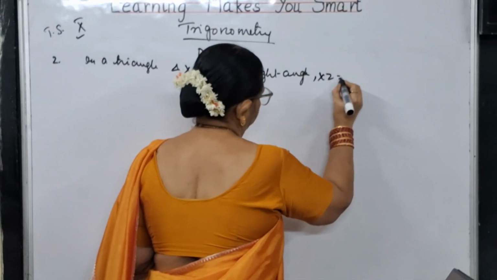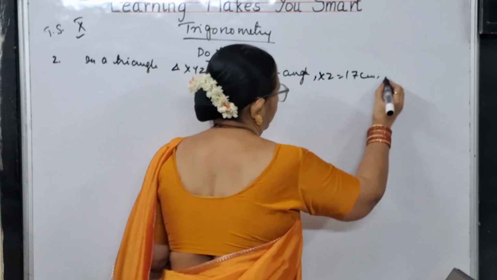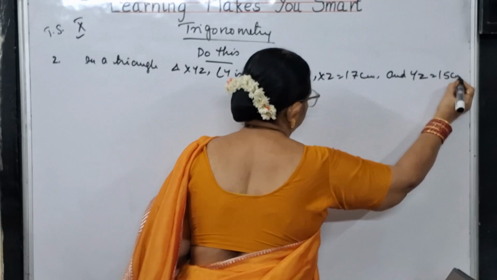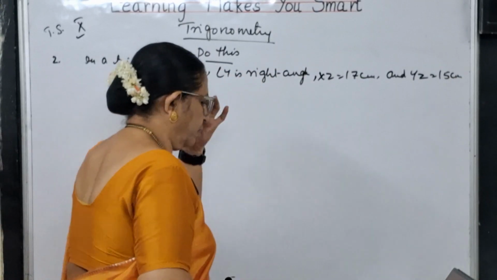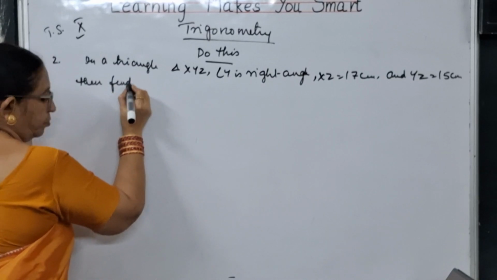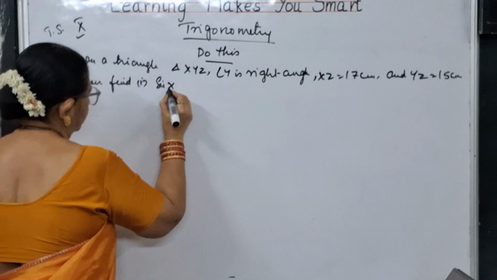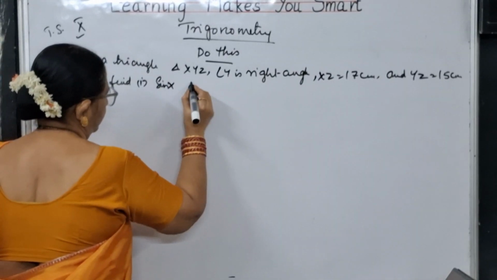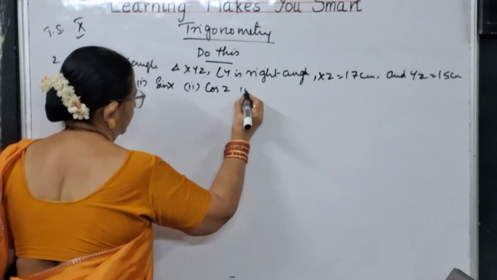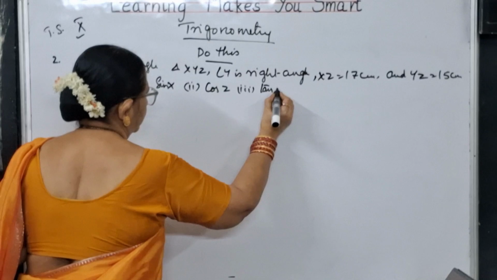XZ is equal to 17 centimeters and YZ is equal to 15 centimeters. Then find sine X, first bit is sine X, and second bit cos Z and third bit tan X.